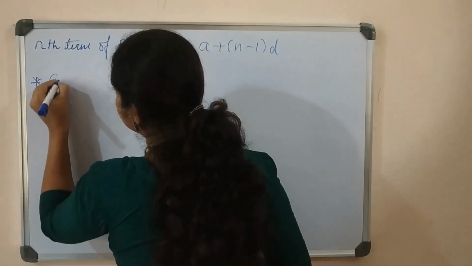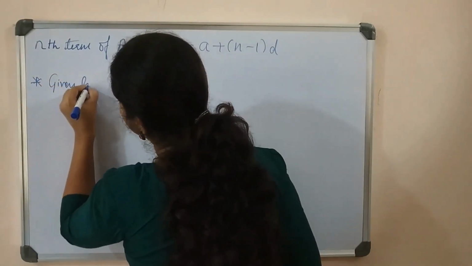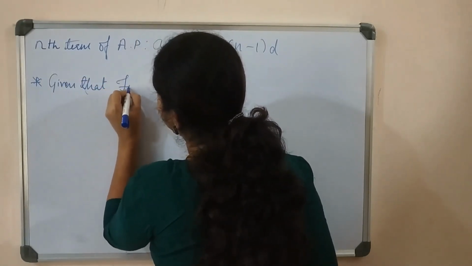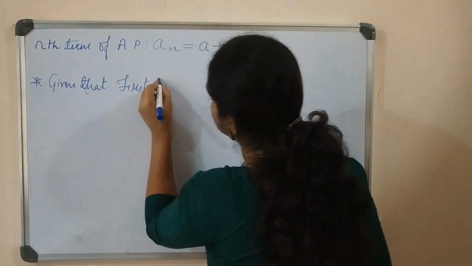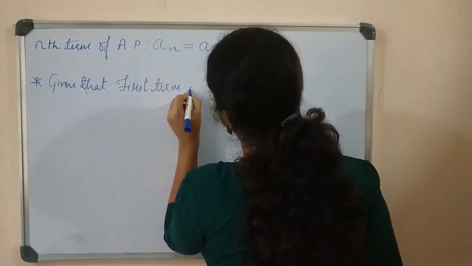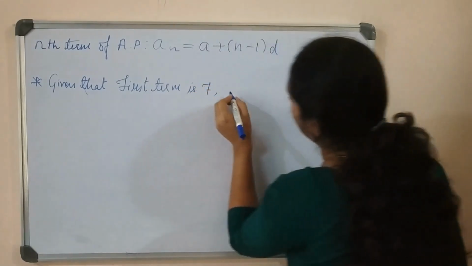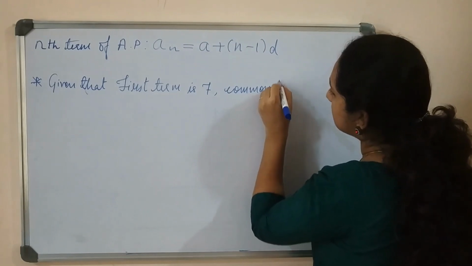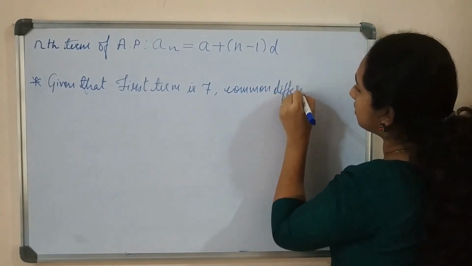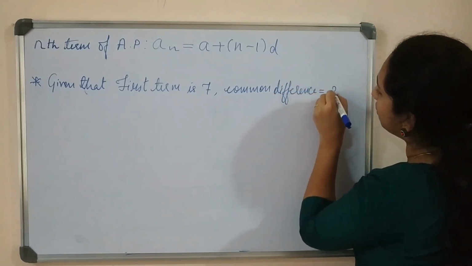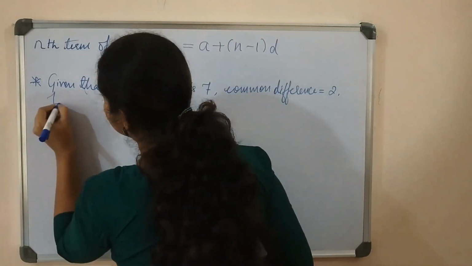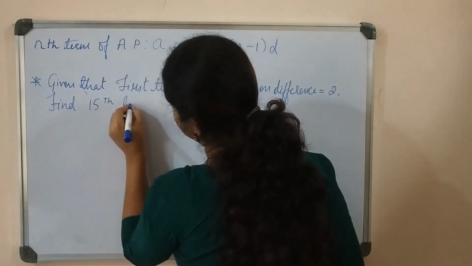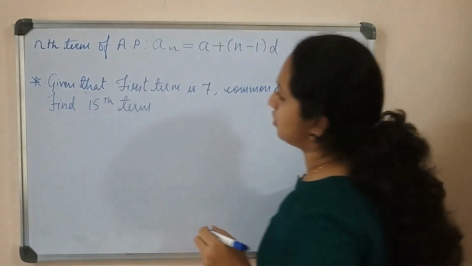So given that the first term is 7 and the common difference is 2. Find the 15th term. Okay, so this is the question.